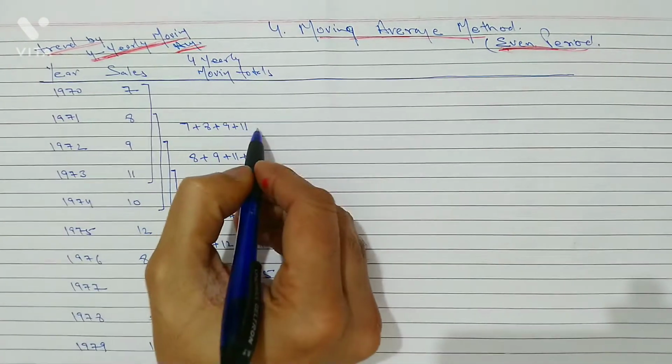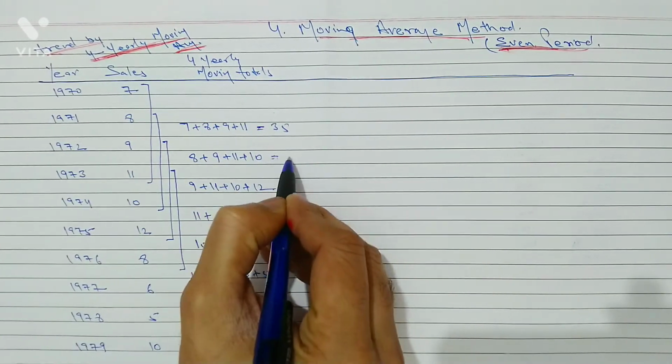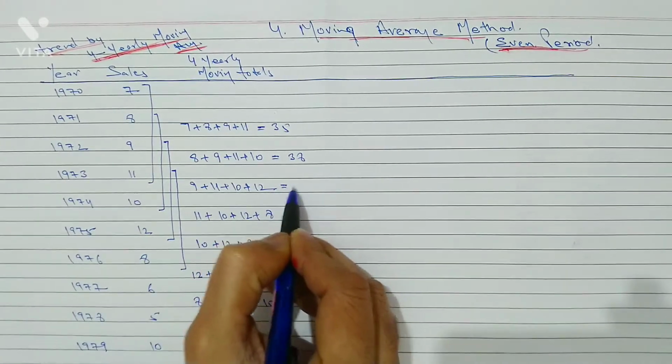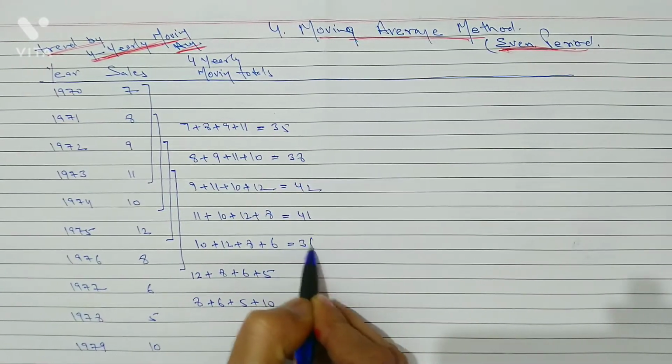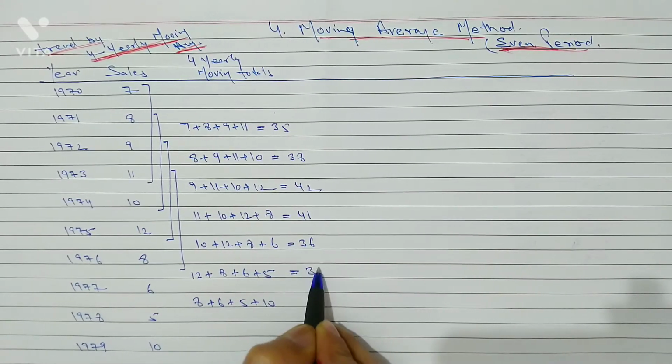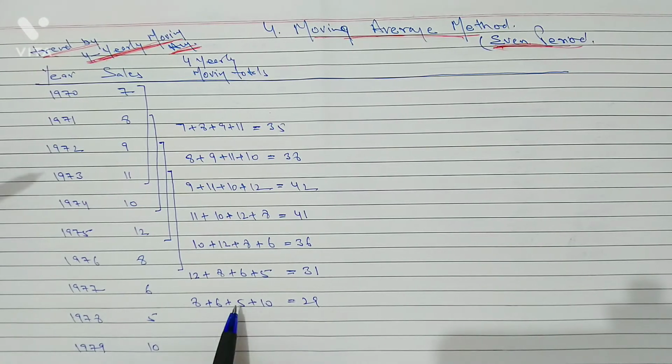By summing up these totals we get for first one 35, next one 38, next one 42, next one 41, 36, 31 and 29. These are 4 yearly moving totals.